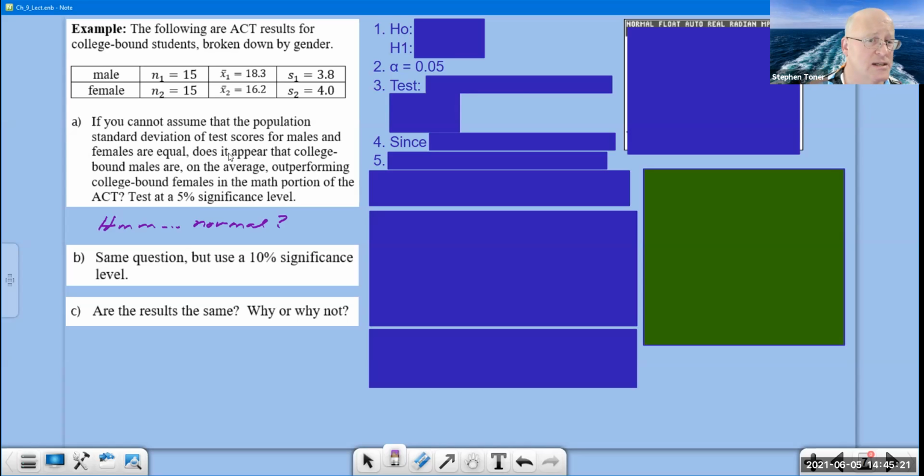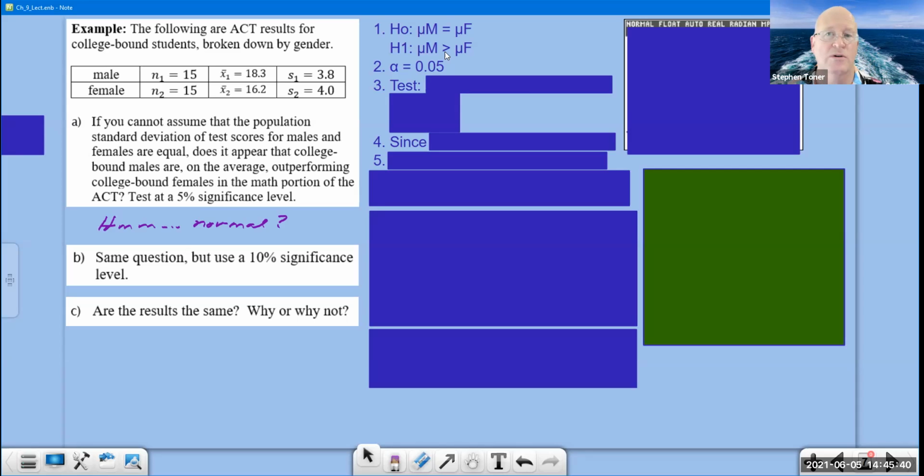Okay, so does it appear that college-bound males, I'll make that my first group, on the average are outperforming college-bound females? Okay, we've got two populations here, males and females. And if males are outperforming, that means they've got higher scores, and higher scores gives us a greater than. If you made females be population 1, note that the inequality would have been reversed.